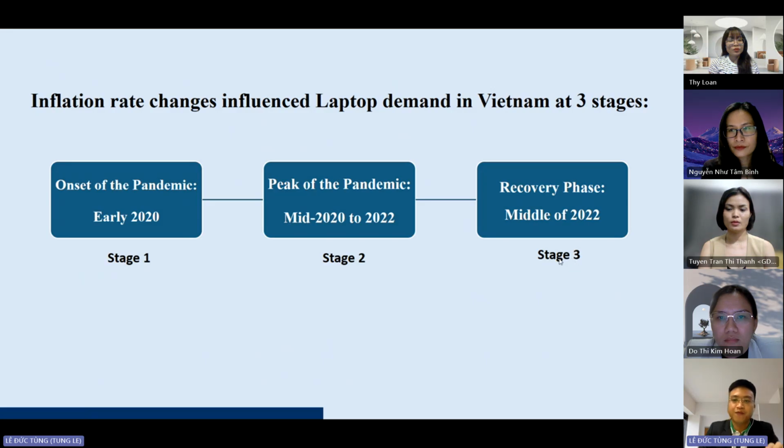At the onset of the pandemic, there was a sudden spike in demand for laptops due to the rapid shift to remote work and online education. In the Vietnam market, top laptop brands experienced high demand. However, supply chain disruption caused by factory shutdowns, global shipping delays, and restrictions on imports resulted in limited availability.